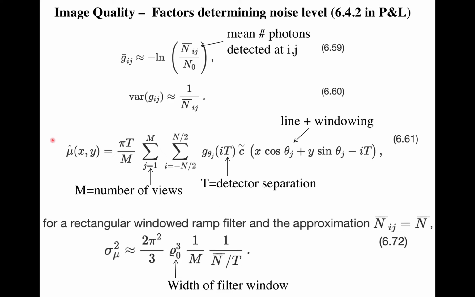Okay, so I would recommend that you read this section. It's a little heavy going, but you can see where these ideas, or the gestalt as to what is going to affect my confidence in estimating a pixel value, or the mu value at a point. So that was dose, number of photons here.